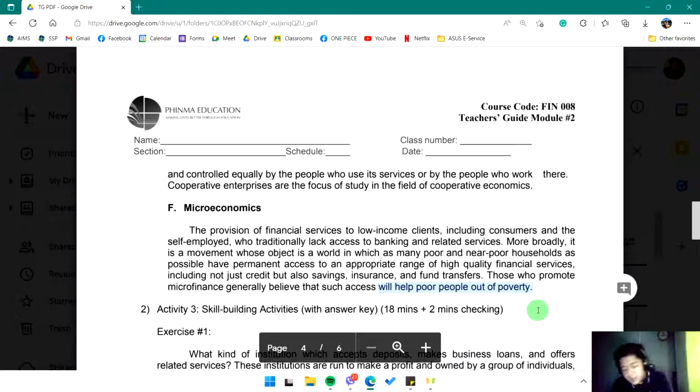Sila yung nagbibigay ng financial literacy, financial education sa mga tao na walang access sa information masyado. Sila rin yung tumutulong sa kanila na i-manage yung kanilang mga pera, kung paano nga ba nila ito pwedeng i-save, paano nila ito pwedeng i-utilize ng mas maayos para gumaan-gaan ang load ng ating mga poverty-driven areas. So yun po ang ating module number 2.